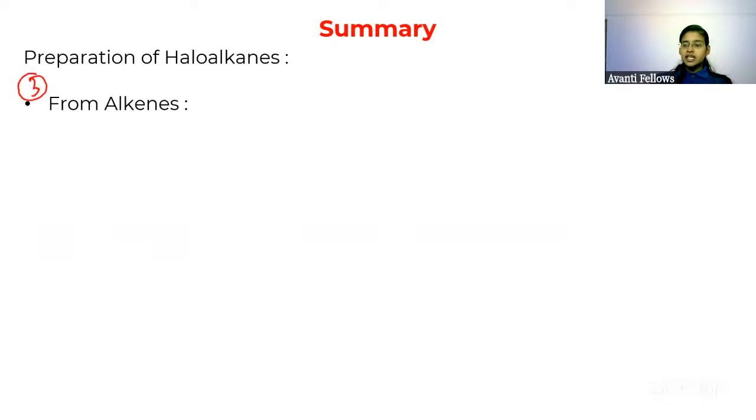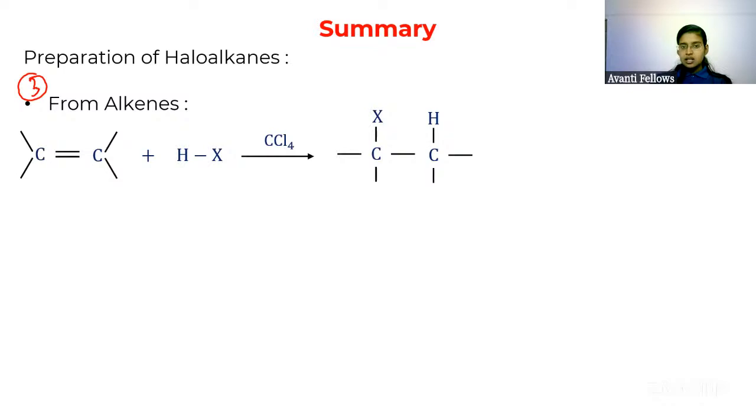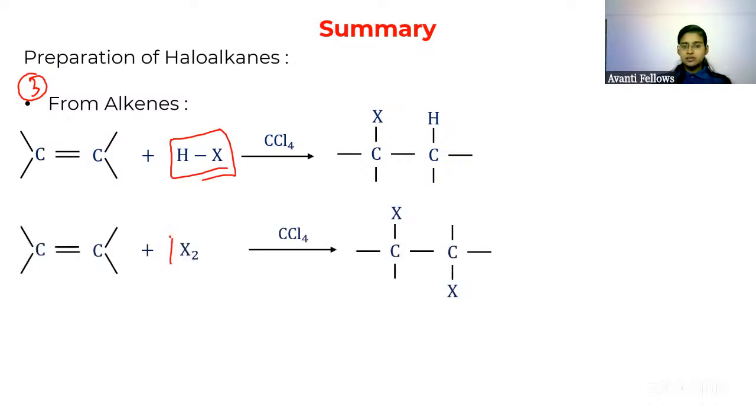The third category is from alkenes. Under alkenes, we studied two reactions. One is using hydrogen halide, HCl, HBr, etc. The other is using halogen, Cl2, Br2, etc. So these are the two reactions under alkenes: addition of hydrogen halide and addition of halogen.